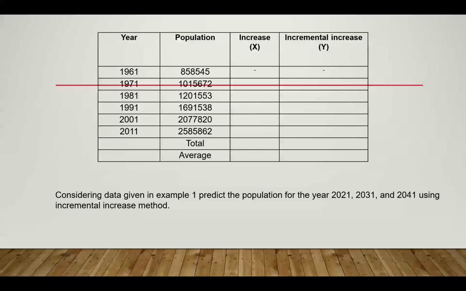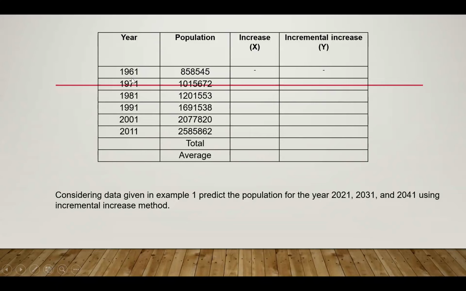If you have some paper, please write it down, and take a calculator or Excel. You can do it quickly. The years mentioned here are from 1961 to 2011. In the next column you can see the population, and in the third column you have to calculate the difference between the two years. Let me first show you how.